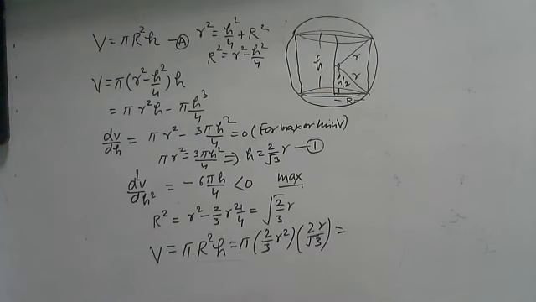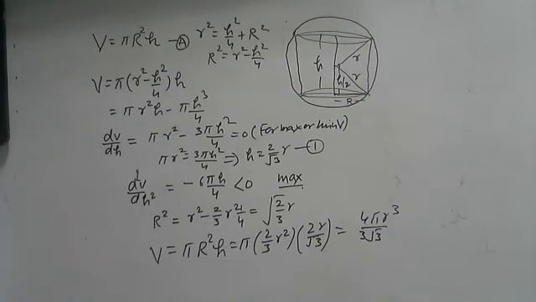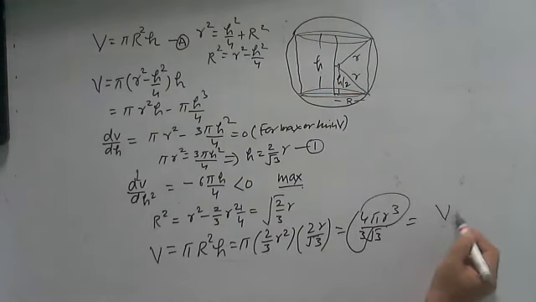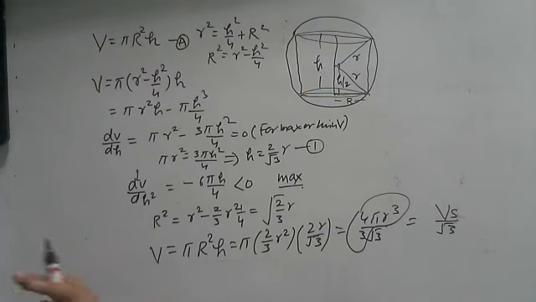When you solve, this gives you 4 pi R cube upon 3 root 3. And we all know the volume of sphere is 4 upon 3 pi R cube. So in place of this, you can also write volume of sphere upon root 3. So the volume of cylinder comes as 1 upon root 3 times the volume of sphere. That is what we needed to verify or prove.